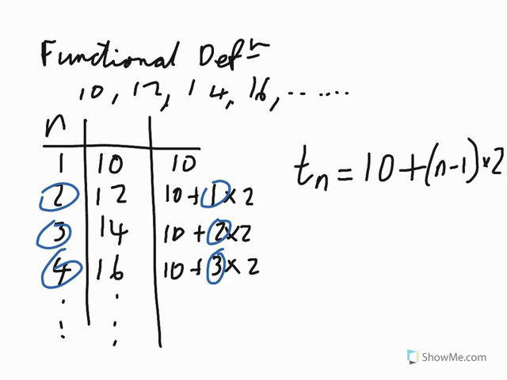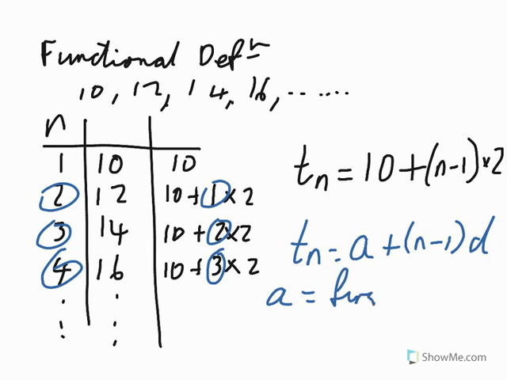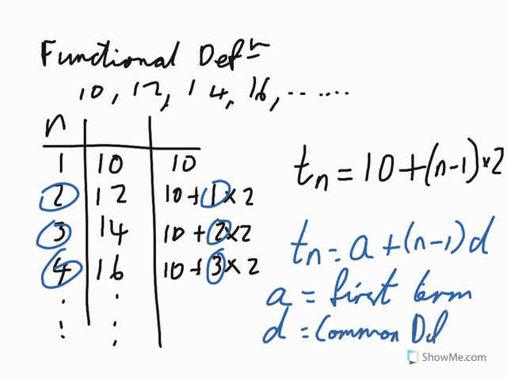So if we want to go to a general form, term n equals a plus n minus 1 d, where a is our first term and d is our common difference. Like so.